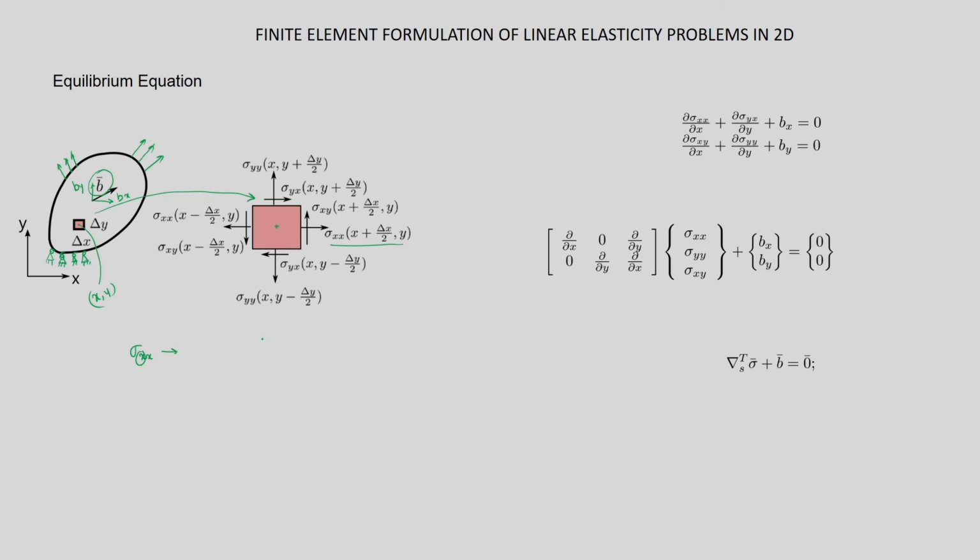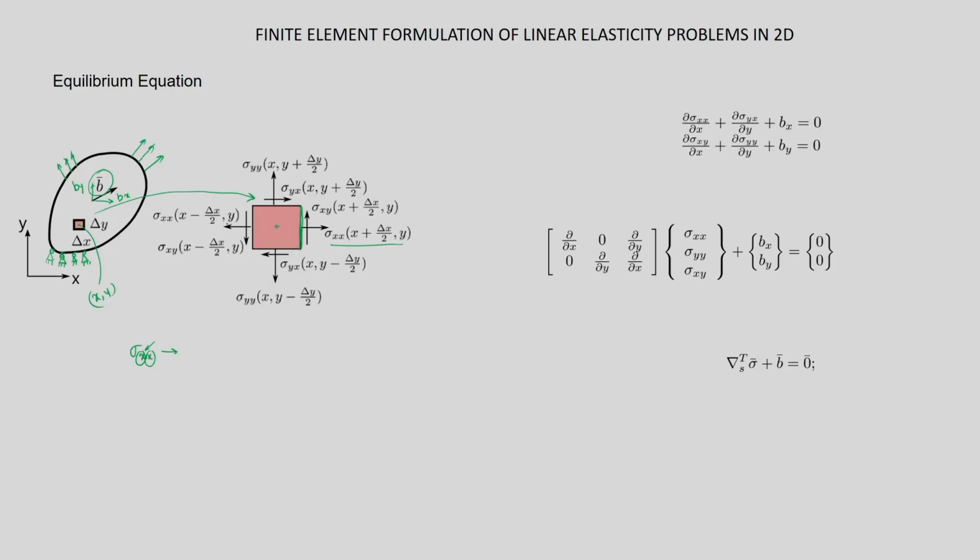As you know, a plane is defined by the unit normal, the normal to that plane. In this case, the normal to that plane is along x axis. So the first subscript will be x, because it is acting on the positive x plane, and the second subscript denotes the direction in which the stress is acting. So it is acting in the positive x direction, and if the stress is acting on a positive x plane in the positive x direction, it is a positive stress. Similarly on the negative x plane, in the negative x direction, sigma xx is acting.